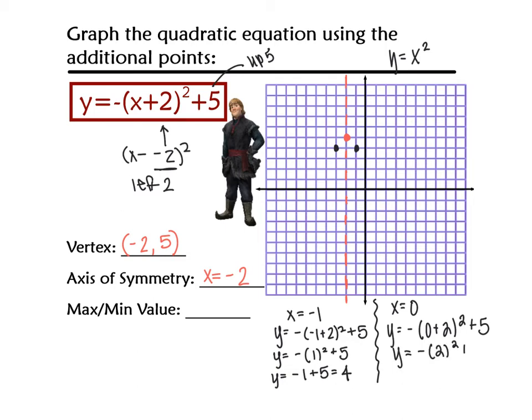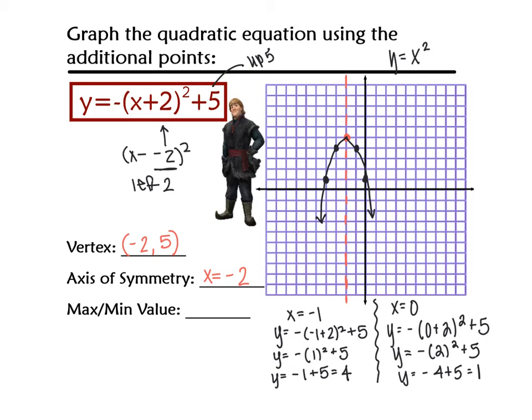Y would be 1. So my next point is 0, 1. It's 2 away from the axis of symmetry, so it needs to be 2 away on the other side. And then I'm going to connect all of those points to make my parabola.